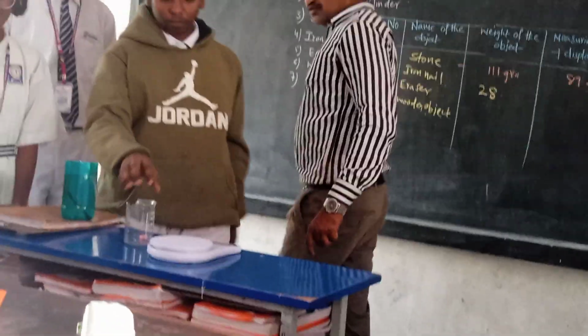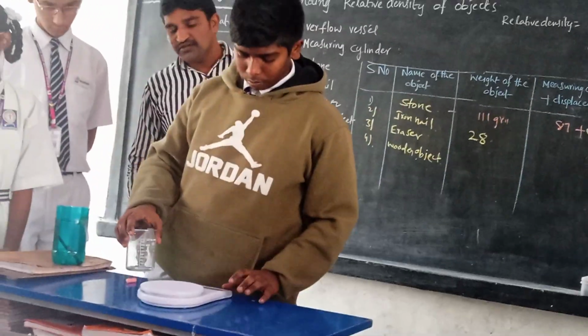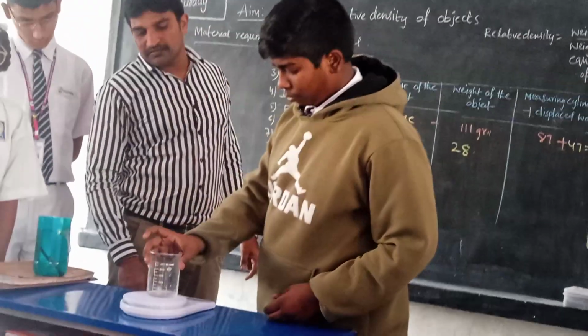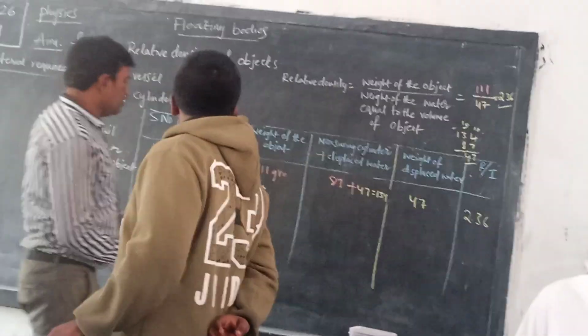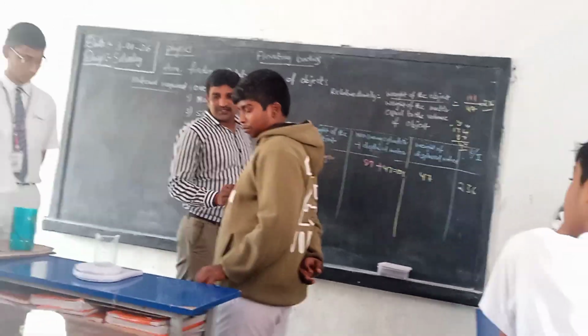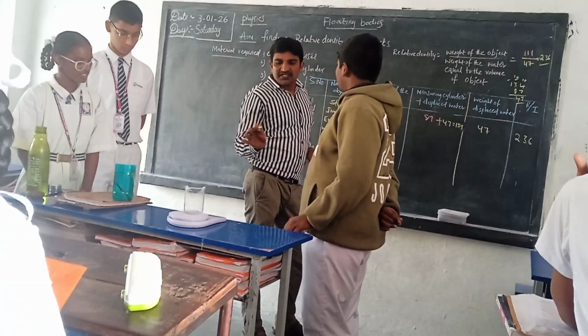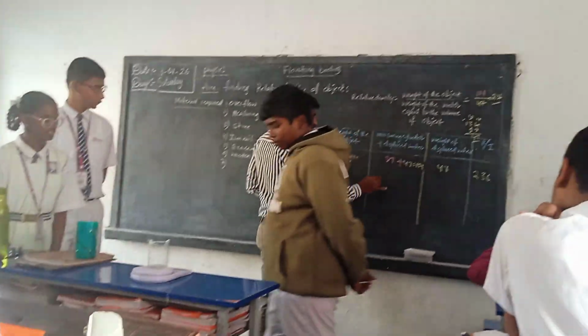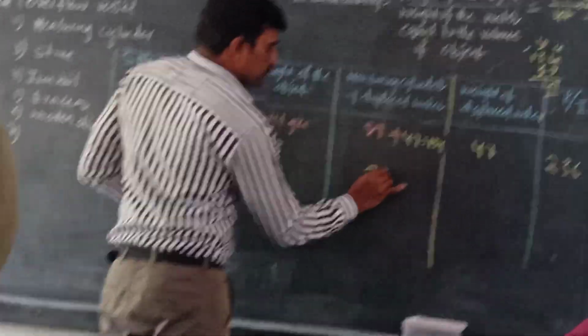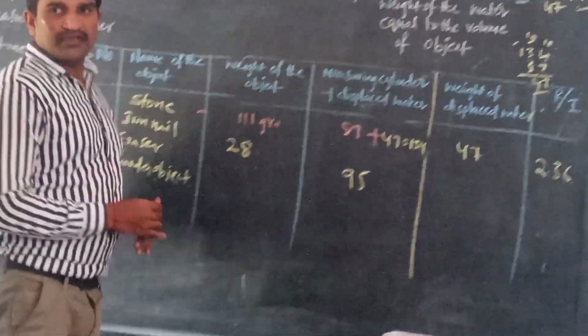Now check the weight of the measuring cylinder with water. 95 grams. The iron nail weight is 28. So the total with water is 95.